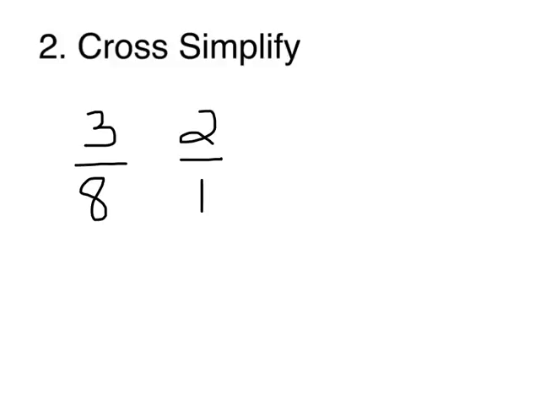So I am going to divide both the numerator and the denominator by 2. 2 goes into 2 one time, and 2 goes into 8 4 times. So my new problem, my simplified problem, will look like this.